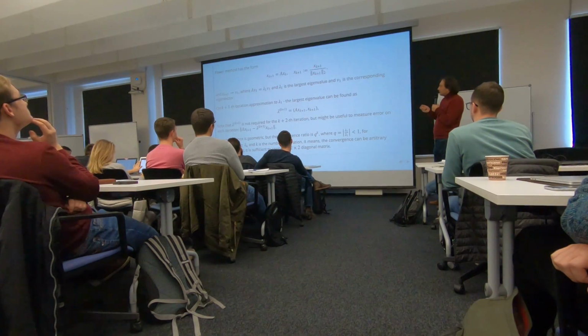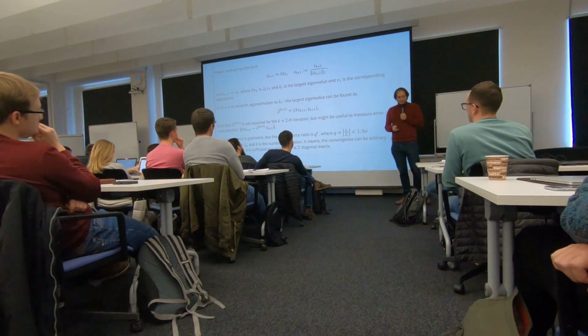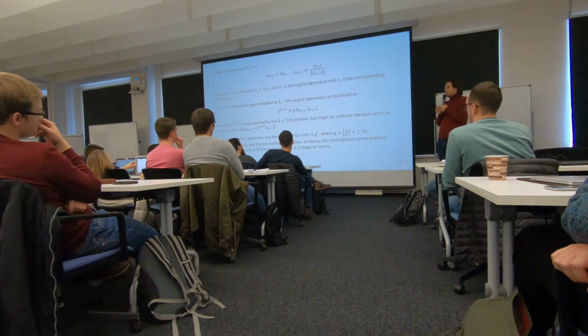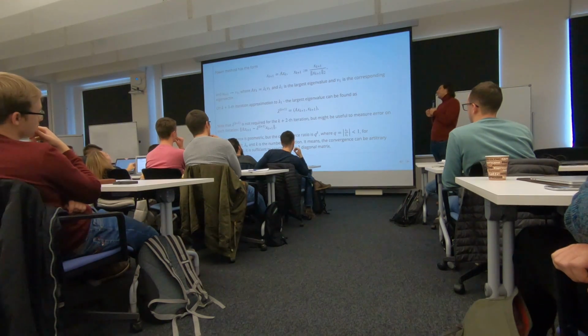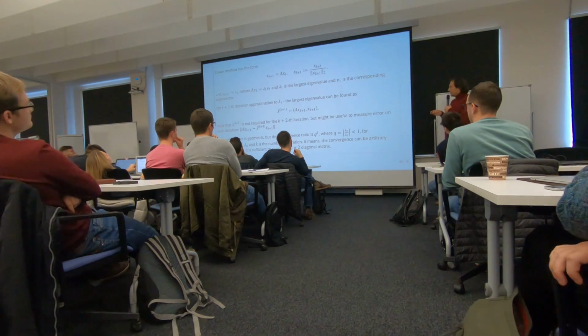And this is fun. So where does it converge? It converges, under some assumptions which we'll discuss in a second, to the eigenvector corresponding to the largest in absolute value eigenvalue of the matrix.